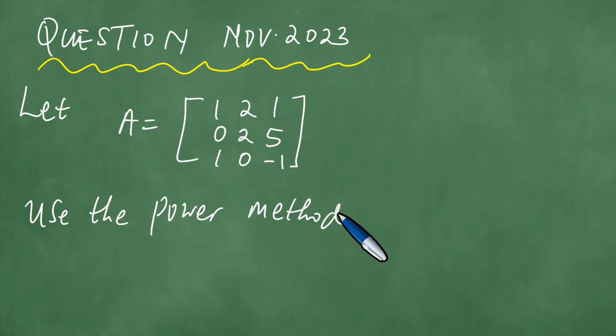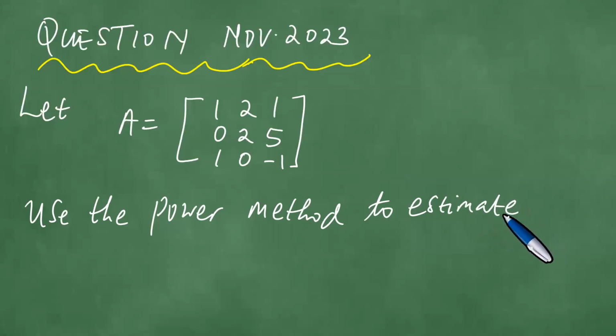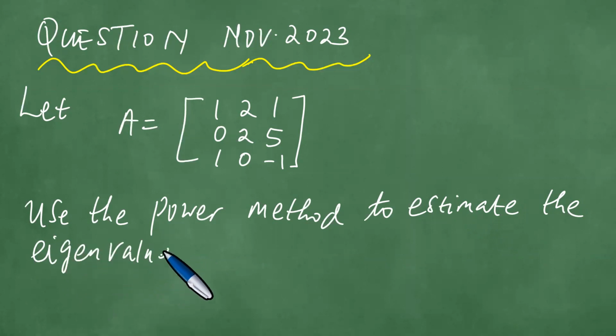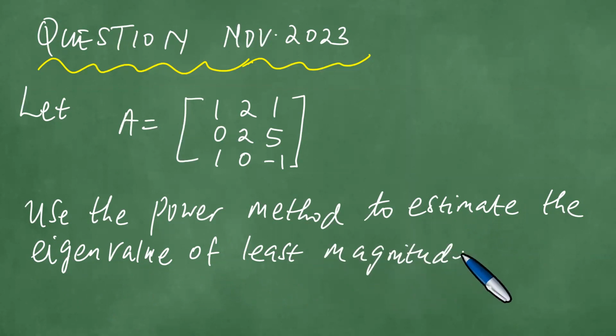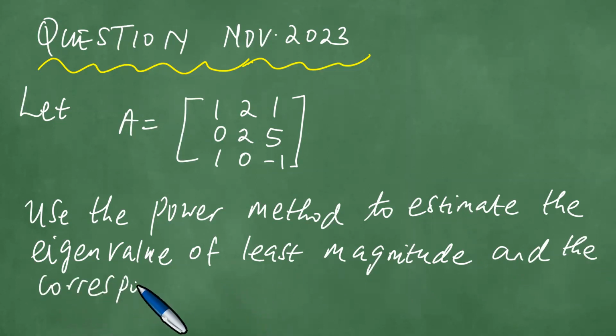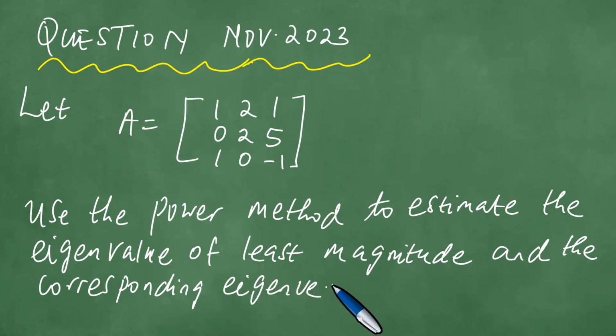Use the power method to estimate the eigenvalue of least magnitude and the corresponding eigenvector.